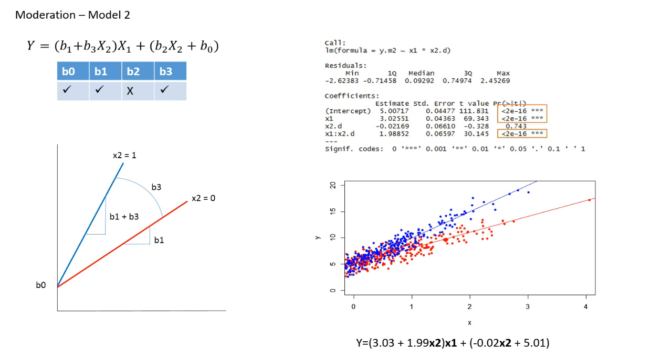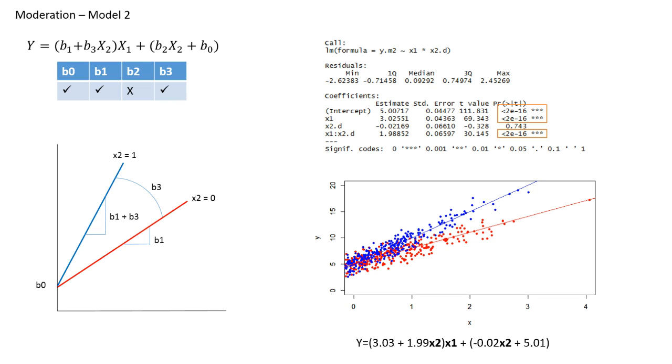But when x2 equals 1, I did not expect to see a shift in the intercept because B2 is not significant. Also, since there is a significant interaction effect, B3, I did expect to see a change in slope from when x2 equals 0 to when x2 equals 1.